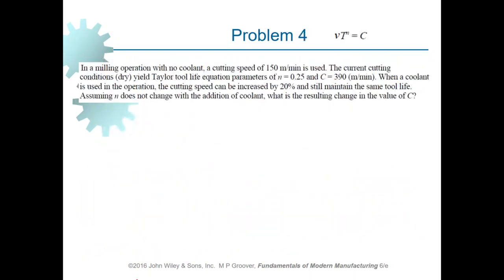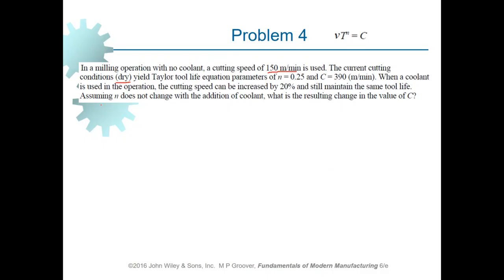Problem 4. In a milling operation with no coolant, a cutting speed of 150 meters per minute is used. The current cutting condition is dry machining. As I explained in the lecture materials, dry machining is now becoming a common machining process.